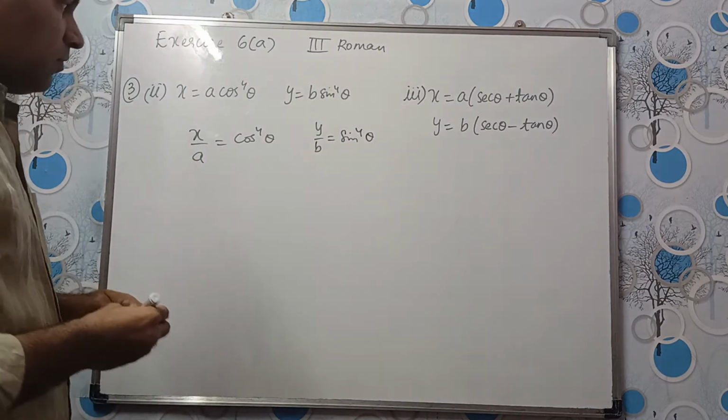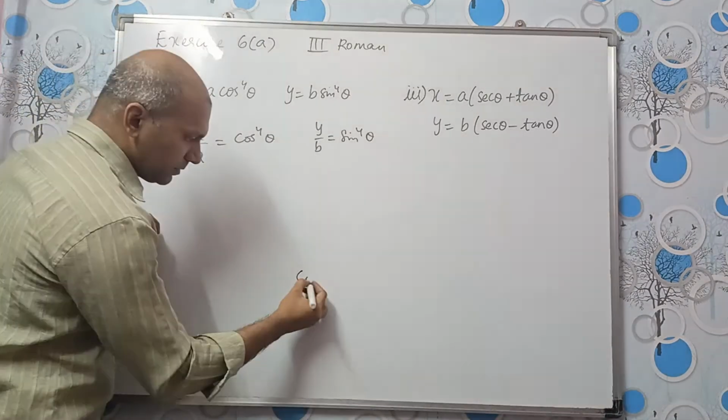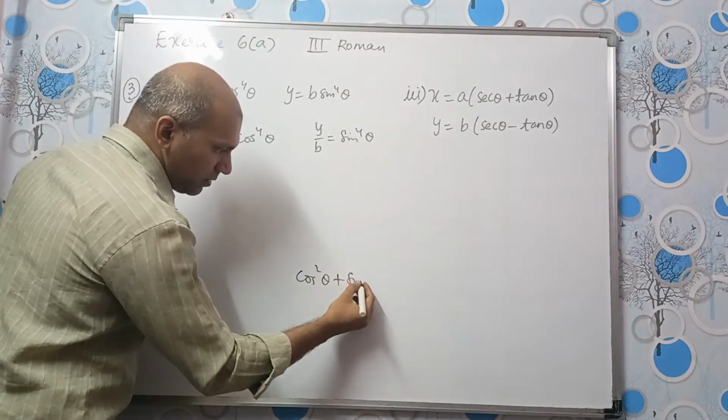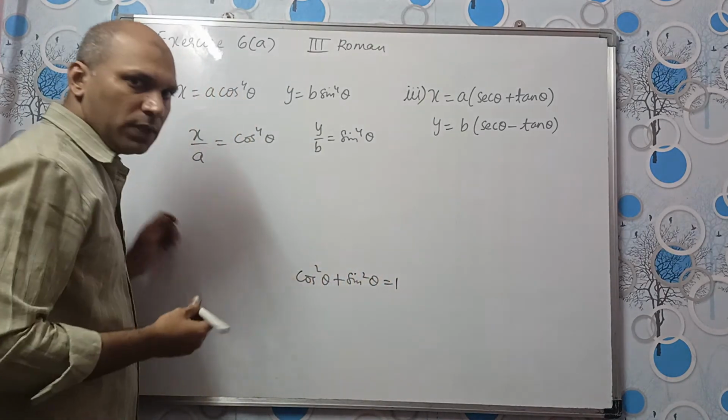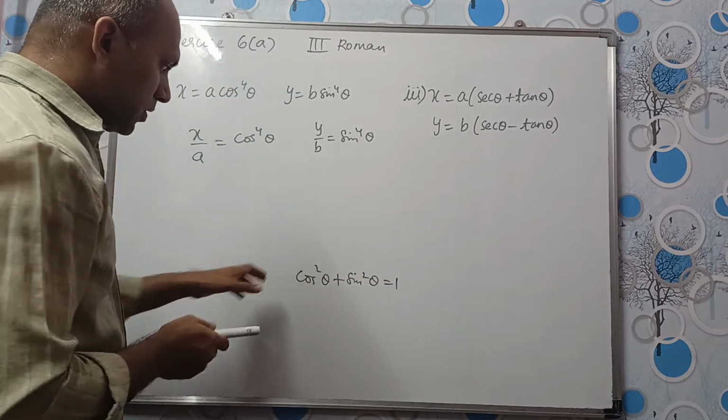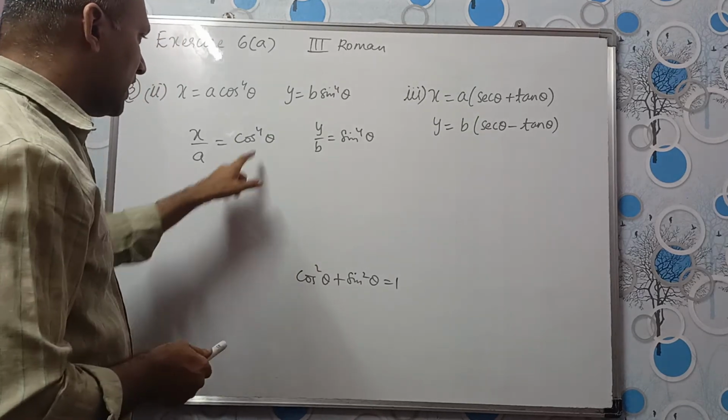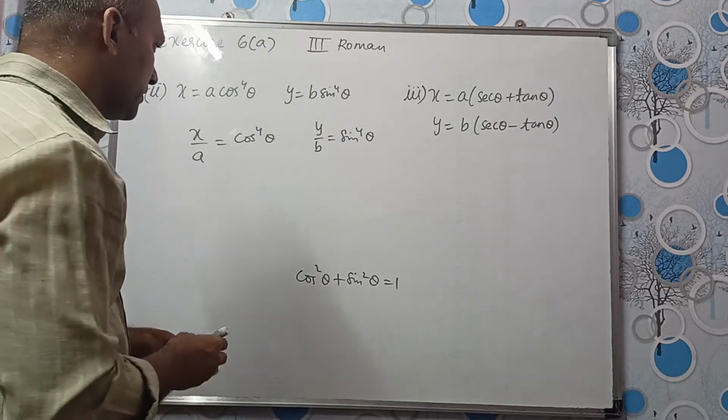Okay. We know an identity: cos^2 theta + sin^2 theta = 1. But we have power 4 here and power 4 here, right?